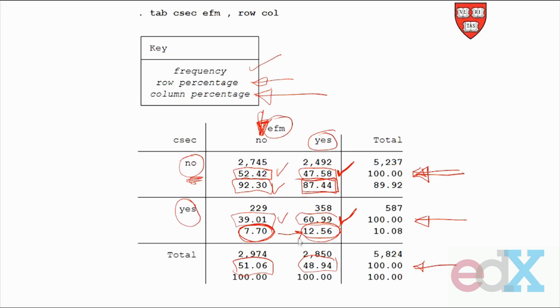So is this difference between 12.56 and 7.70 something we can attribute to chance, or is it too far away from the null hypothesis that we would worry about it?